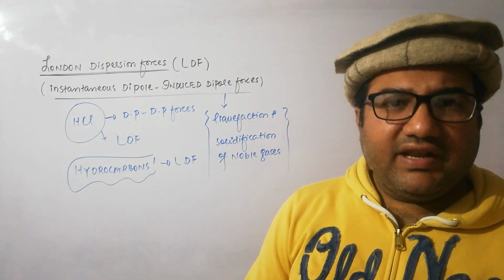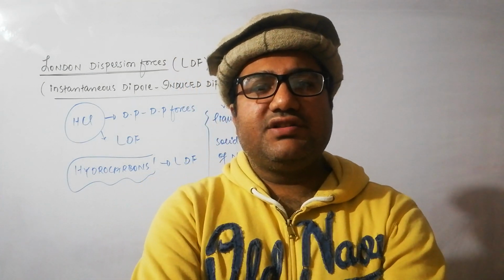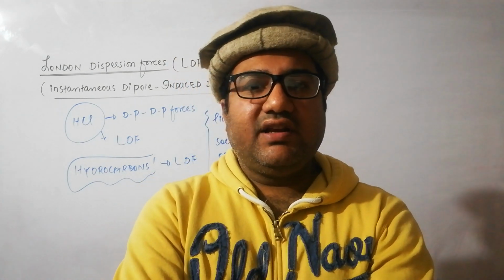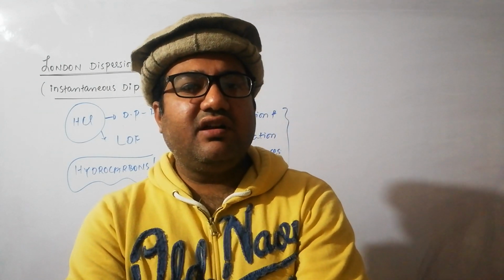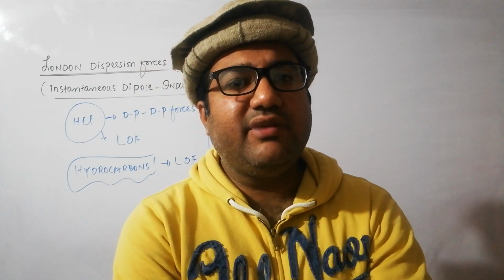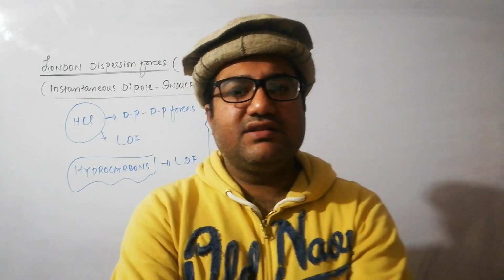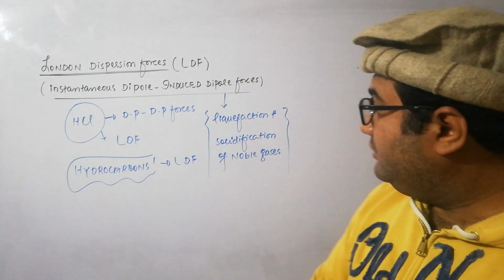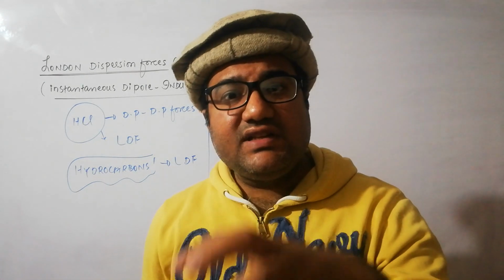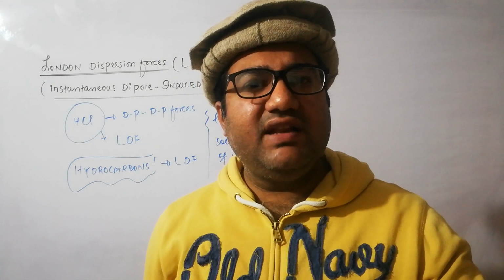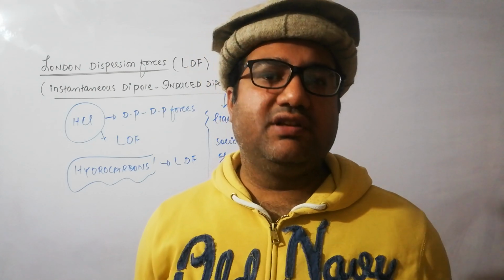We know that noble gases do not form bonds, and liquefaction and solidification is only possible when the gases or any species have certain intermolecular forces. If there are no intermolecular forces, that will be an ideal gas, and ideal gases do not actually exist. Absence of intermolecular forces means no liquefaction, no solidification is possible.